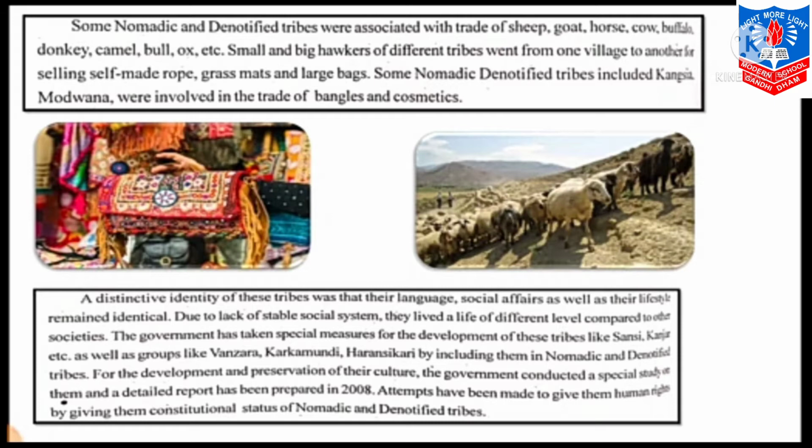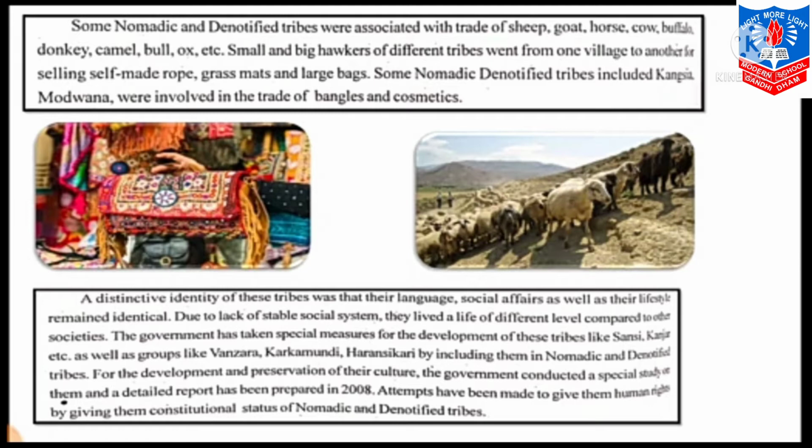And the government has taken some special measures for the development of the tribes like Sansi, Kanzar and groups like Vanzara, Karkamundi and Haransikari by including them in these tribes.